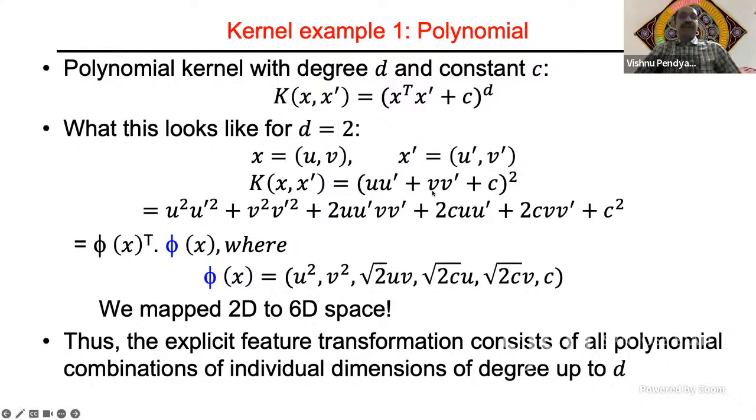Similar to what we saw earlier, but the only thing is there is a c here, so that's why we get 6 terms. So we map 2-dimensional data to 6-dimensional space if we adopt a second-degree polynomial kernel. So the explicit feature transformation consists of all polynomial combinations of individual dimensions of degree up to d. So that's what we see here.